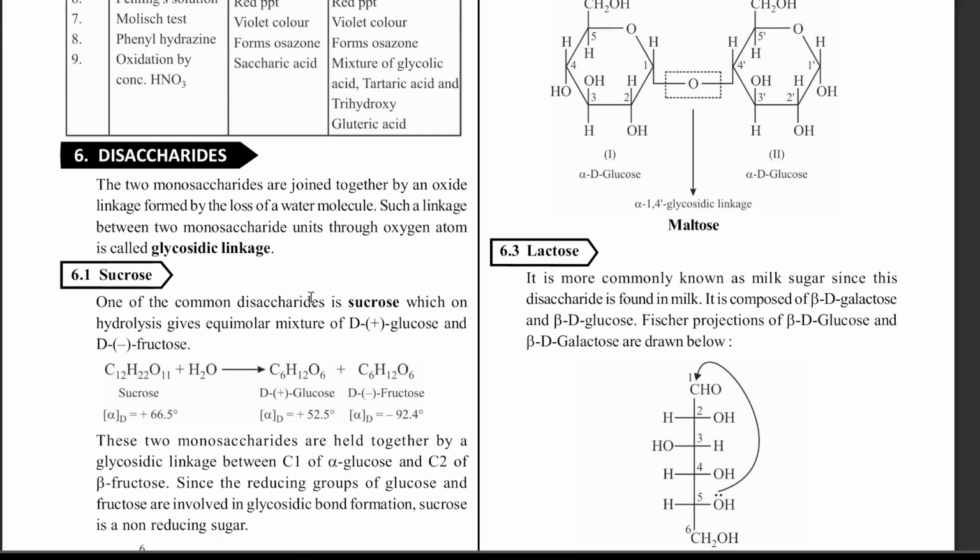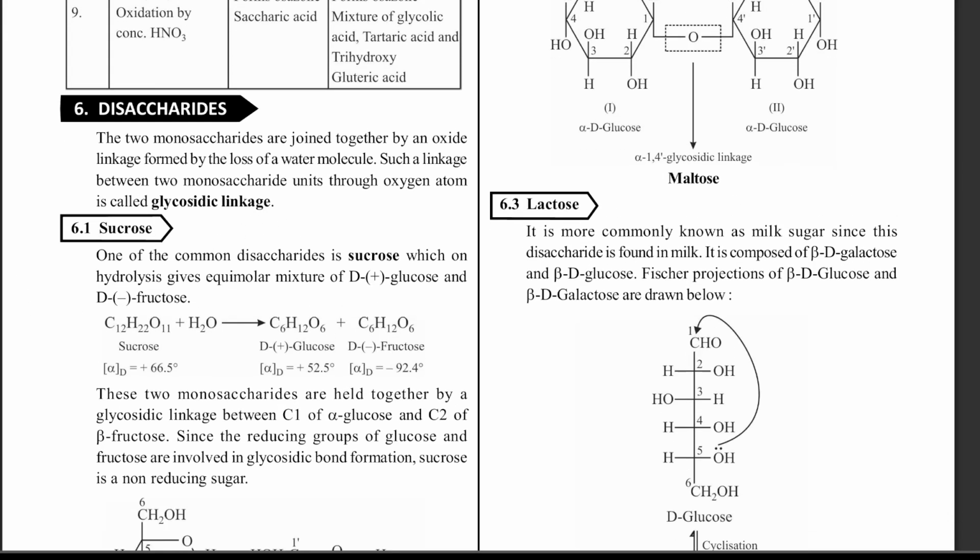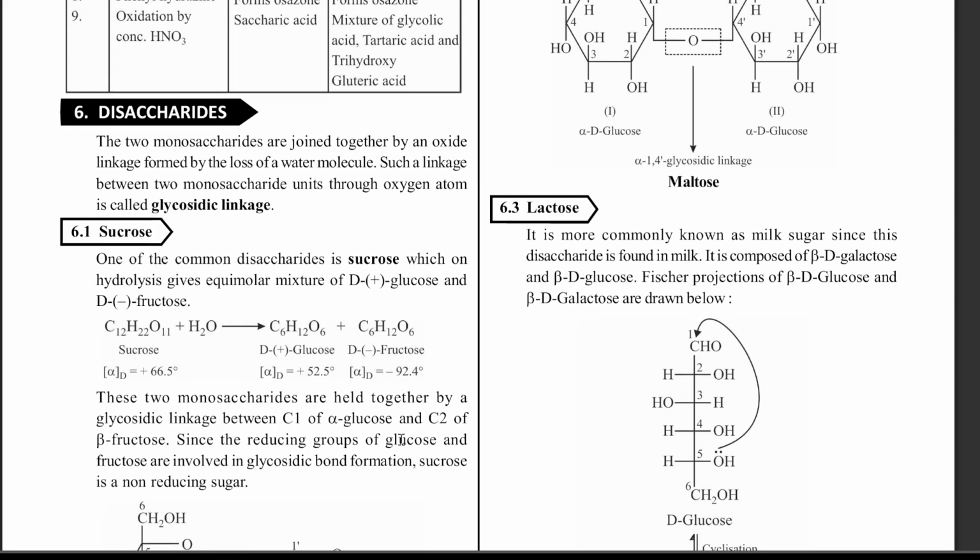Now disaccharides. The two monosaccharides are joined together by an oxide linkage formed by the loss of a water molecule. Such a linkage between two monosaccharide units through an oxygen atom is known as glycosidic linkage. Our first major disaccharide is sucrose. One of the most common disaccharides, sucrose, is formed on hydrolysis of an equimolar mixture of beta D glucose and beta D fructose.